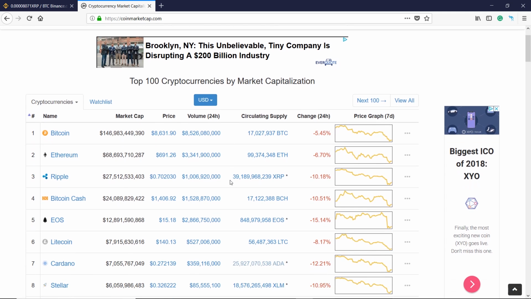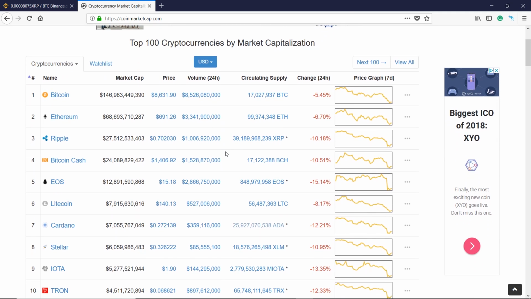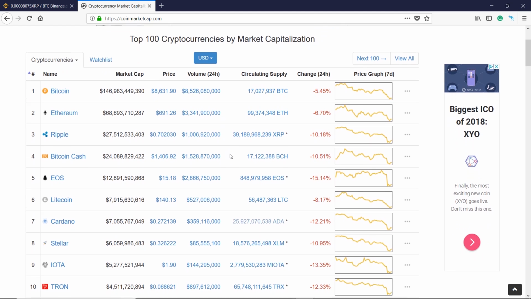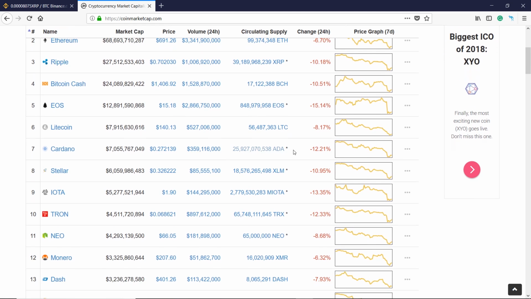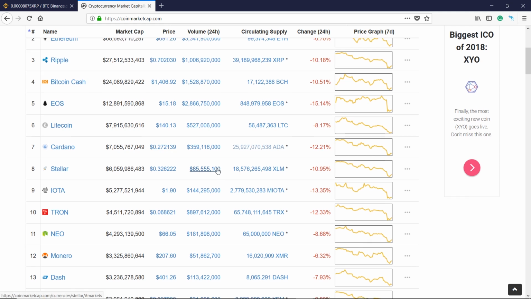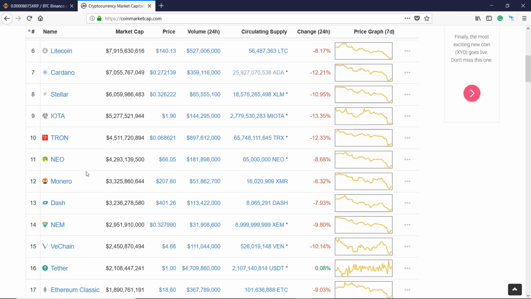I haven't memorized all of these coin names, or I should say symbol names. The only one that's super easy is EOS. But Litecoin is LTC. Some of them are not intuitive. Cardano is ADA. Tron, all right, not too bad, TRX.